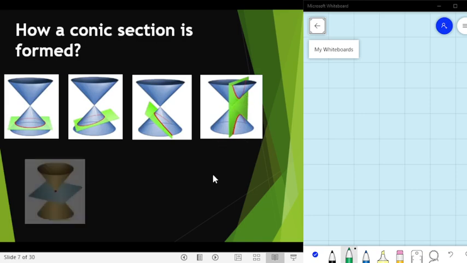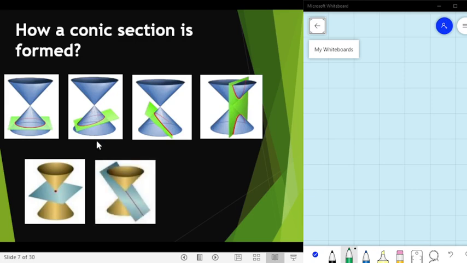And then another situation is when the plane intersects at the point of intersection of the two cones, then we can form a point. Next is when the plane intersects the cone and is tangent, then passes through the point of intersection between the two cones, then you can form one line.